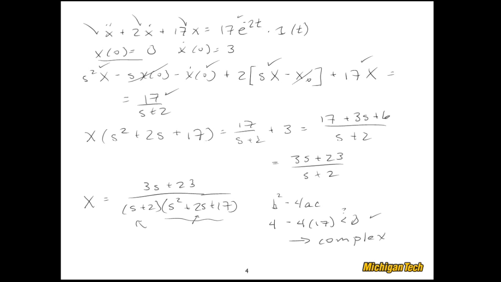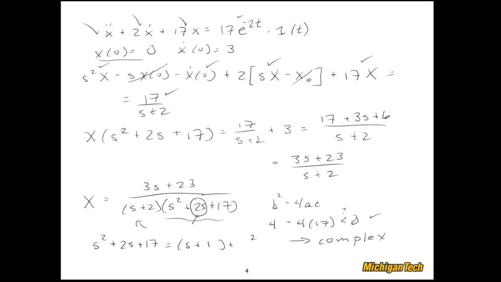Once we know it has complex roots, because of the Laplace transform table that I'm going to use for this problem, we need to write this in completed square form. That is, s squared plus 2s plus 17 has to be in the form of s plus something, squared. The something comes from here. It's 1/2 of that, so that'd be 1.